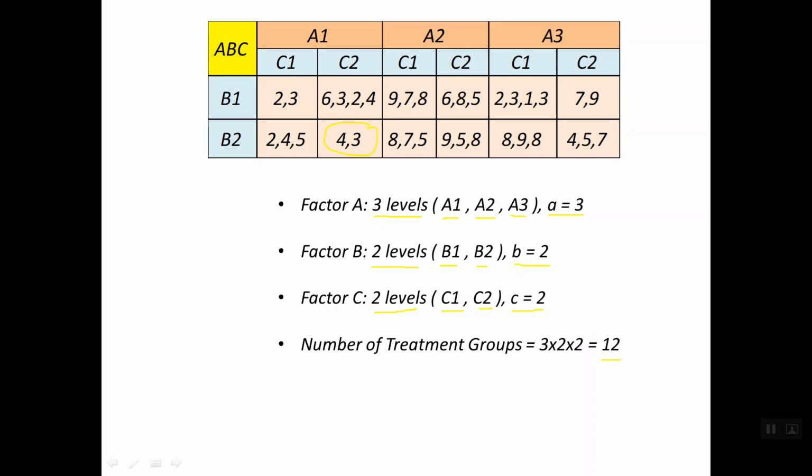The total of the two observations is 7, and the number of these observations is 2. Another example: this group here represents the group A3, B2, C1, and the records inside this group are 8, 9, and 8. So we have a total of the observations, and the number of observations is simply equal to 3.